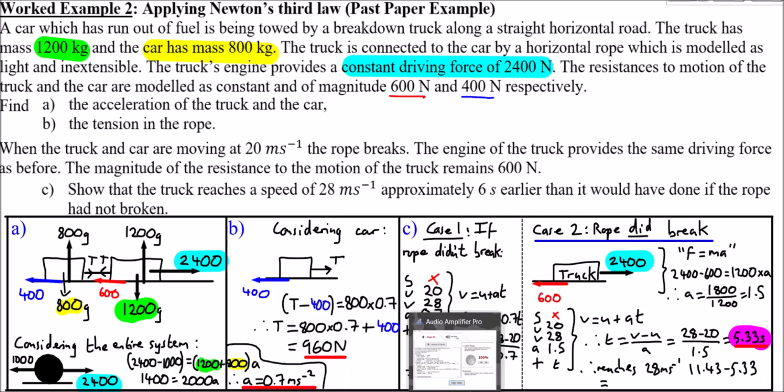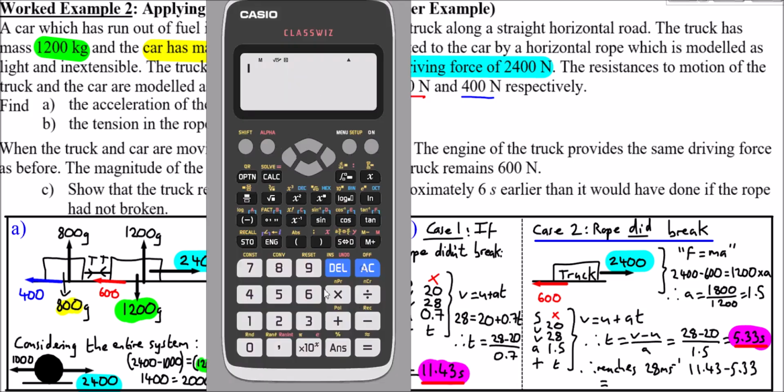So let's do that calculation now. 11.43 minus 5.33, that's going to give us 6.1 seconds.